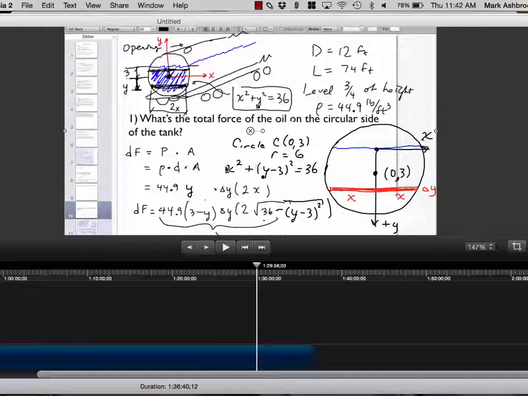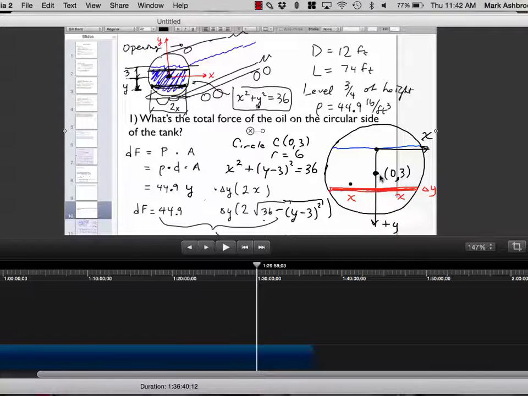And that gives us the equation of that circle. This makes the depth a lot easier to see, because the depth is simply the y coordinate, since I put the x-axis at the surface level. Whatever depth you're at, that's also the y coordinate.